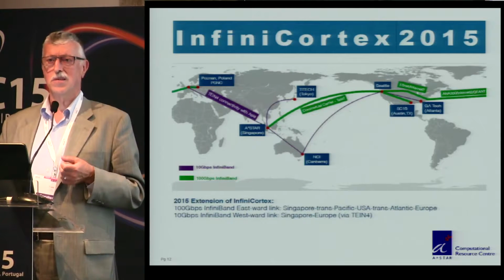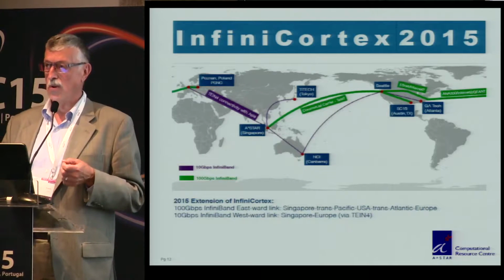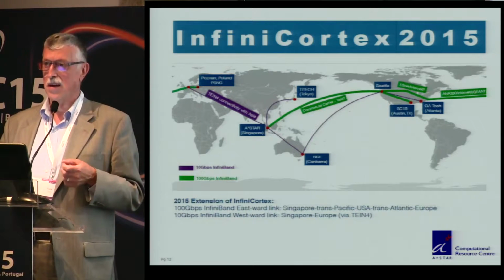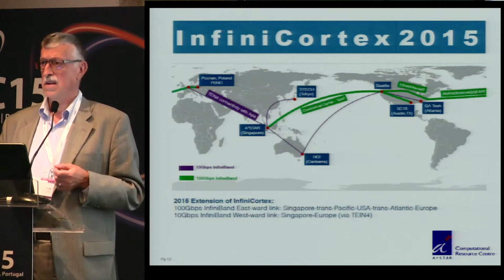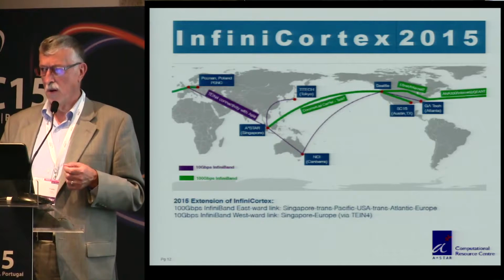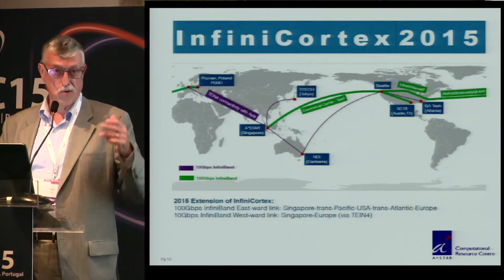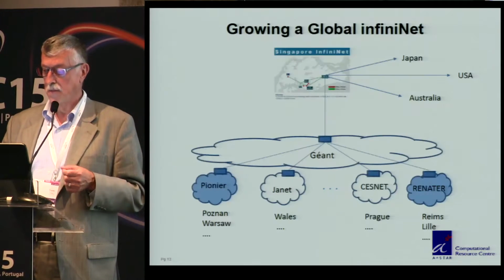So it will be up and running. Then on the European side, we are working with tnc15, who has a tender out for a 10 gig to Europe, Singapore to Europe, because 100 gig is still unaffordable at this point in time. So these are the major points, and then also connectivity to Japan will probably be extended.